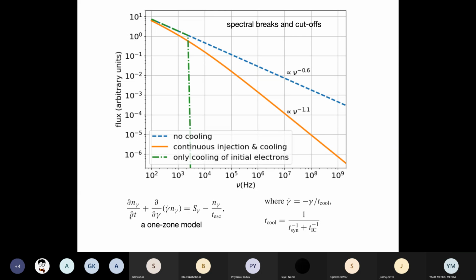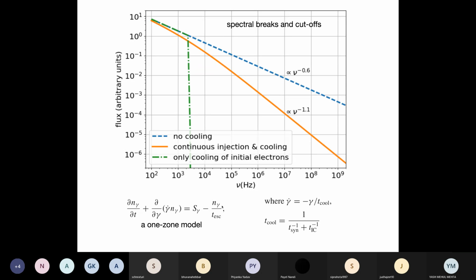This is a very simple equation for how the distribution function of relativistic electrons, n_γ going like γ^-p, evolves in presence of different cooling losses and escape and some injection of this source term.